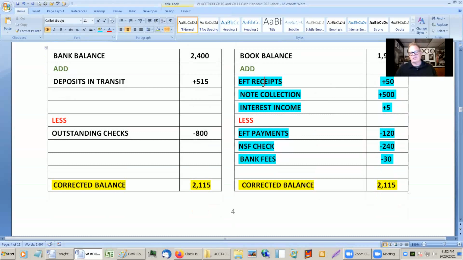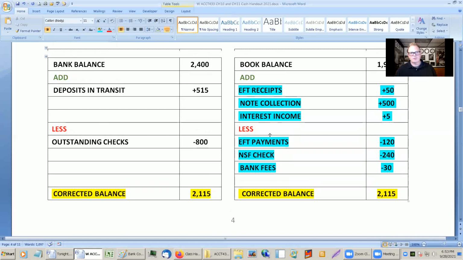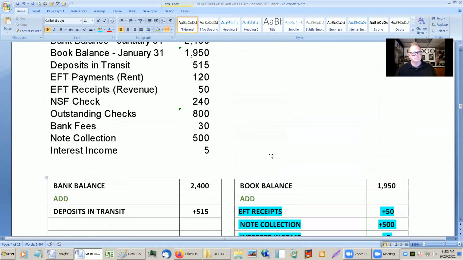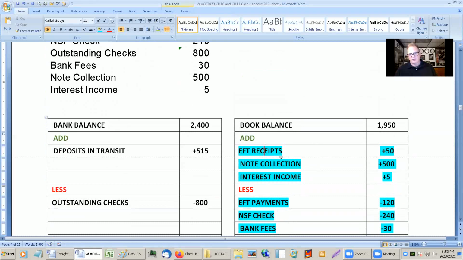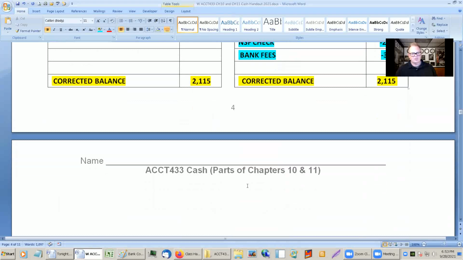So whatever these EFT receipts were for, I think it was for revenue. So you're going to have a journal entry like this, $50.